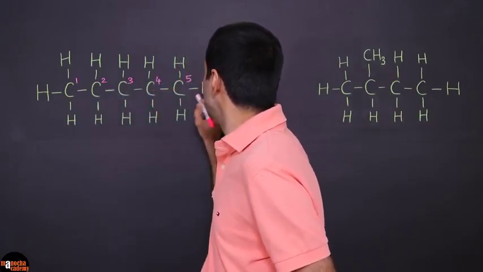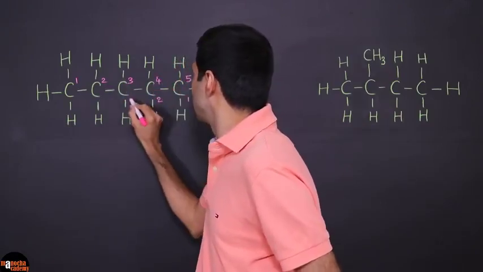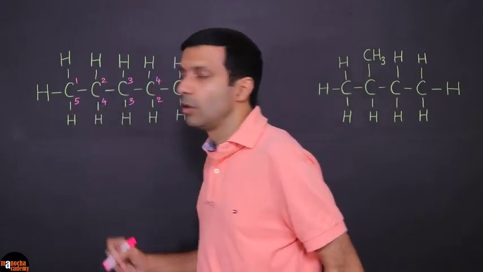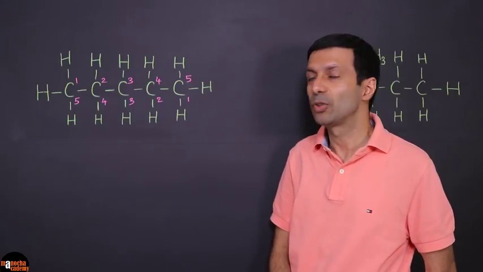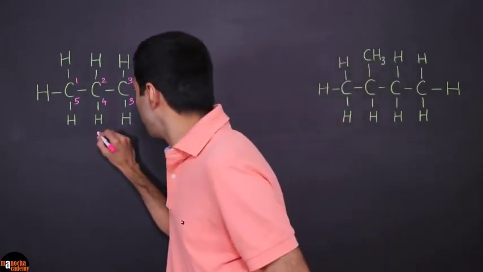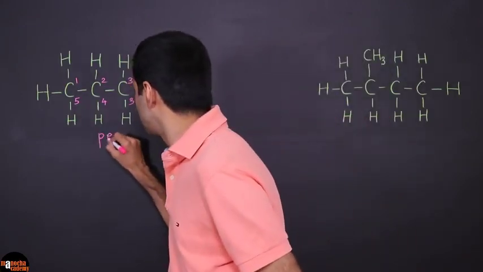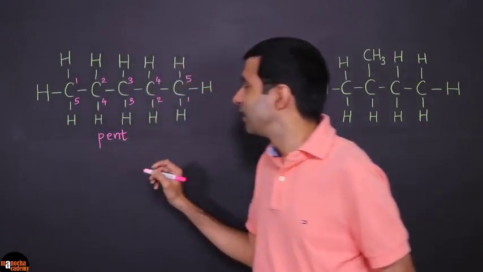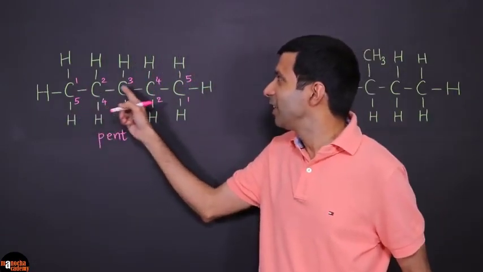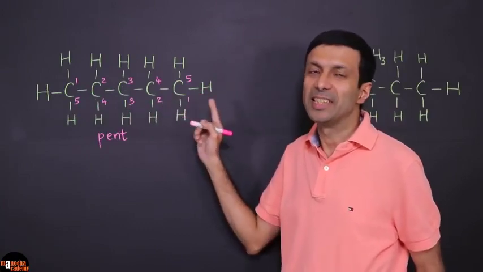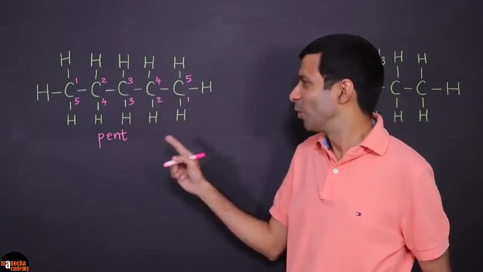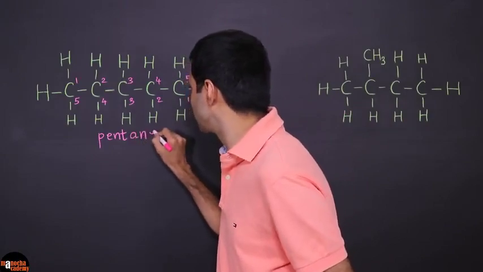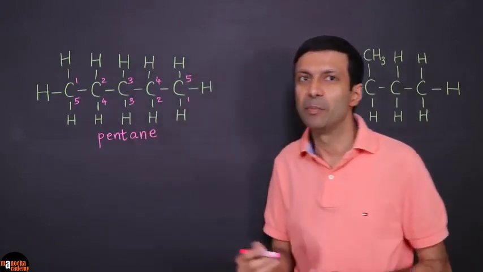So it's a 5 carbon chain. 5 carbon means the name is going to start with pent, right? And since there are only single bonds between the carbon atoms, this is an alkane. So what is the name? It's going to be pentane, right? So this is a simple one.